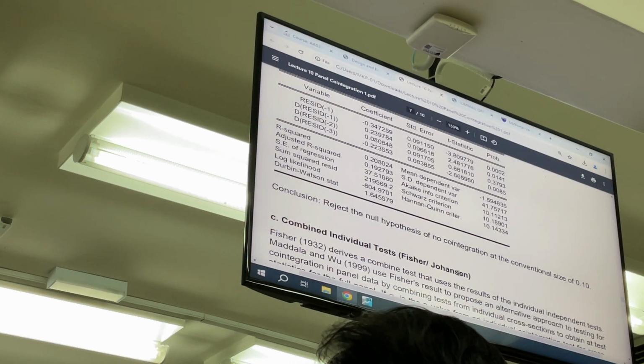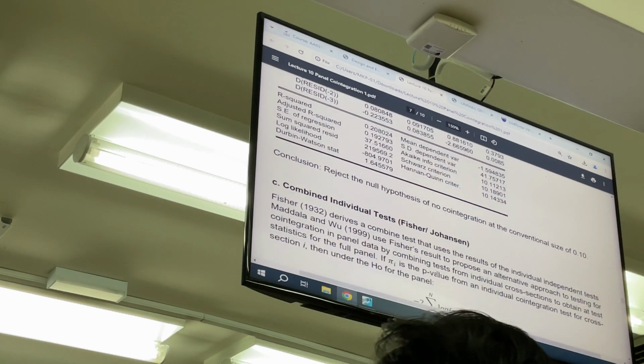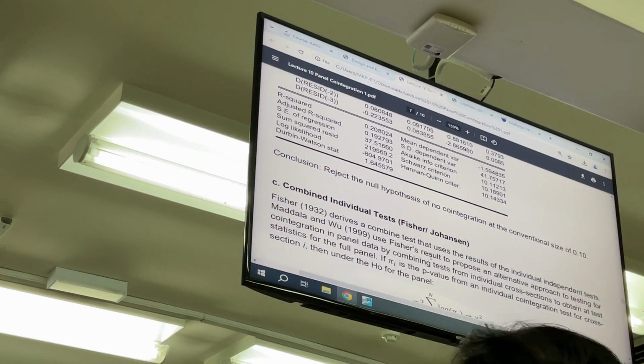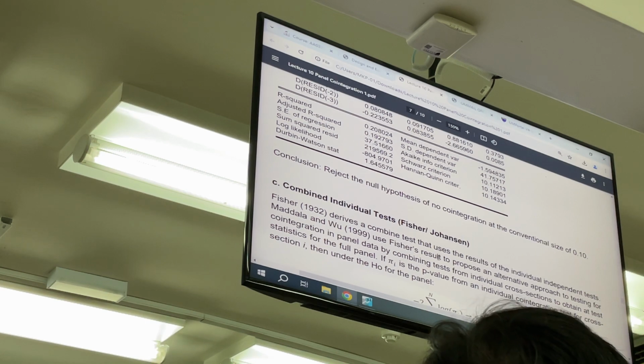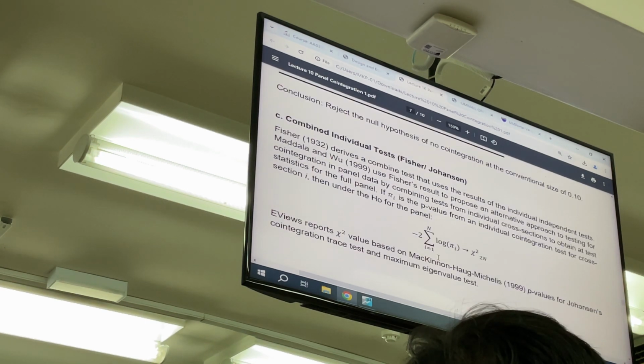Just like Engle-Granger, it is based on a single equation to study cointegration. But for the Johansen, it is based on a multivariate approach, combined in a system. It is different compared to the Gao and also the Pedroni type. So okay.